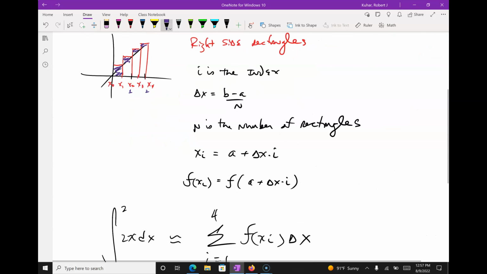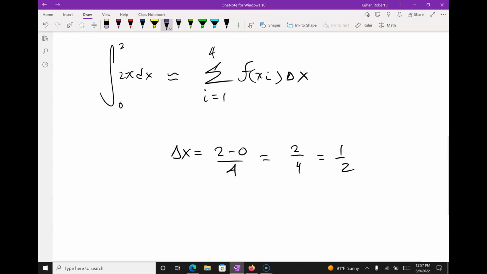Good. X sub i is a plus 1/2 times i. We're using the start of the interval, so a is 0. We're going from 0 to 2. We're using a plus delta x times i. So the first time I'm calculating my height is at what x value?